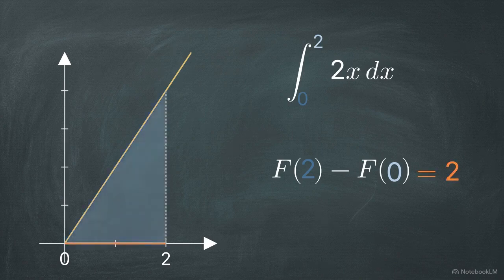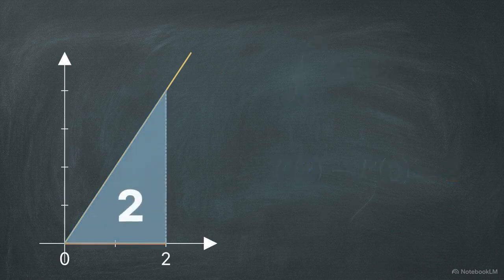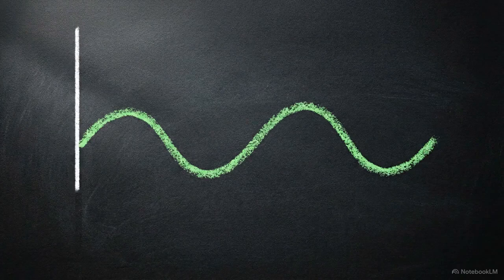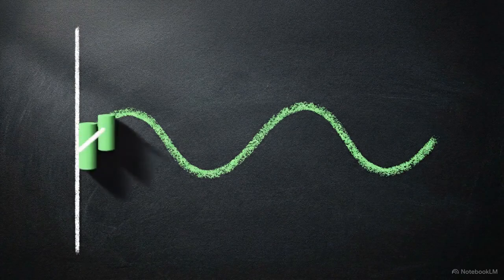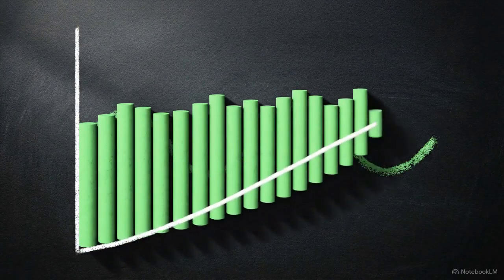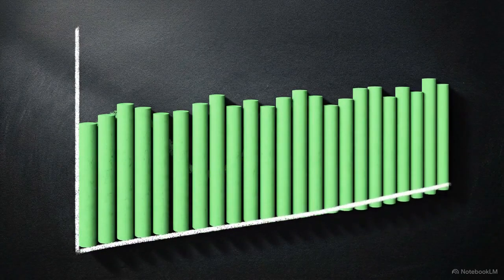Geometrically, this number is the precise area under the curve between 0 and 2. In a computational context, calculating the area under a curve is functionally identical to calculating total data accumulation over a specified time or distance. Indefinite integrals construct the theoretical framework of a system, while definite integrals extract the hard, bounded data required for operations like continuous signal processing.